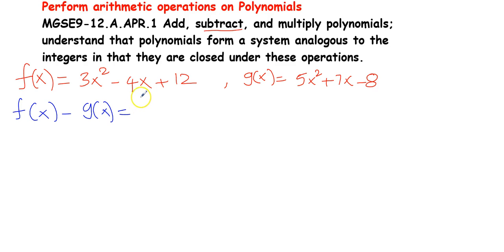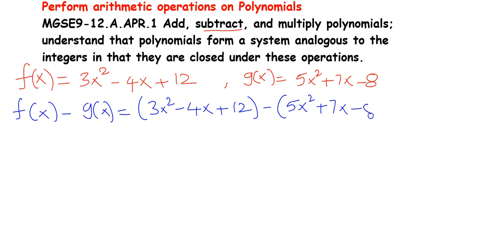So the first function f of x is 3x square minus 4x plus 12, minus your g of x, which is 5x square plus 7x minus 8.